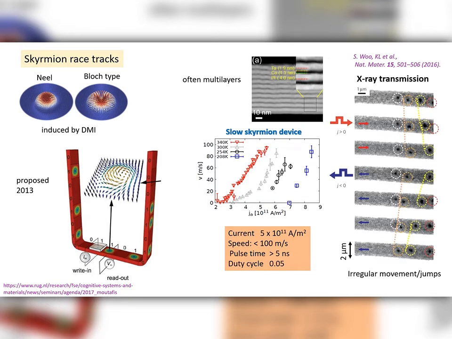And these are our measurements via X-ray transmission. You see here they move as they want. They are trapped by defects and so on. And this shows you that with such a device as shown here, a Skyrmion racetrack, it makes no sense to try to realize it.